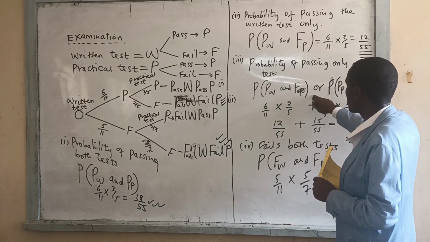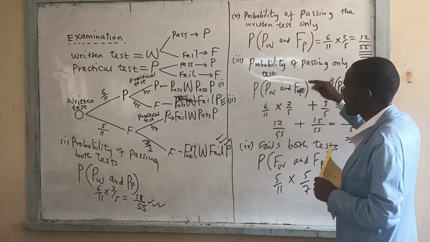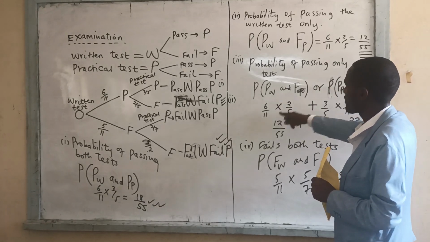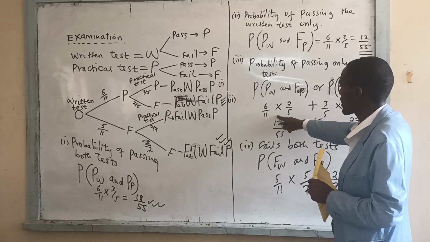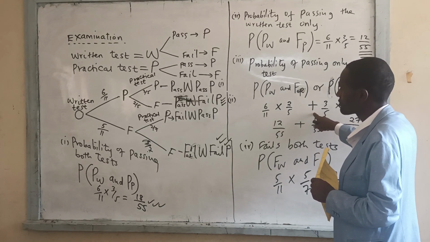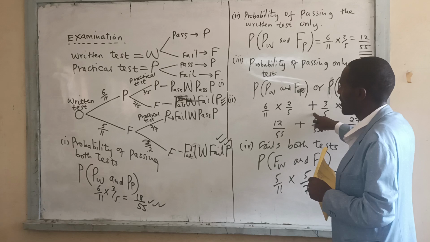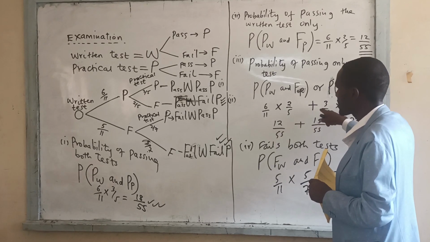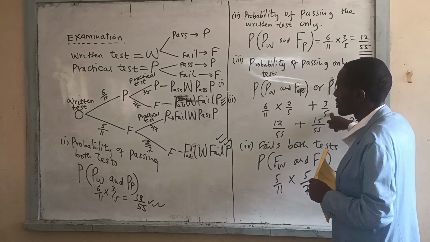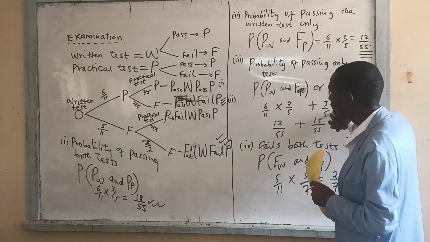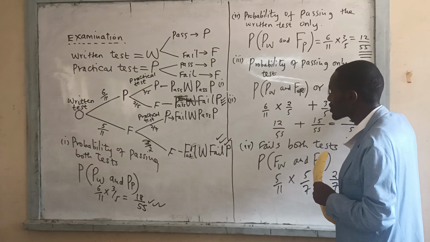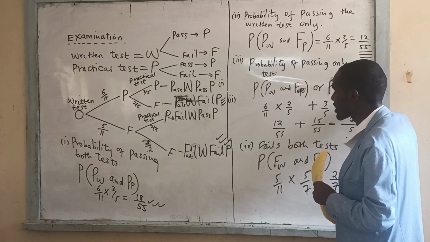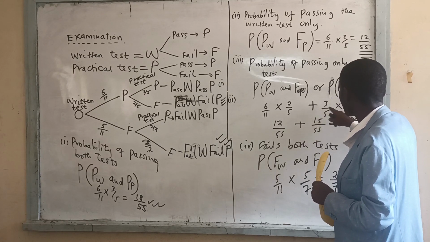Here, only one test is passed. So, pass written, 6 over 11, fail practical, 2 over 5. Or, you can say, pass written, 5 over 11. Yes, that is the practical is failed, and 2 over 7.